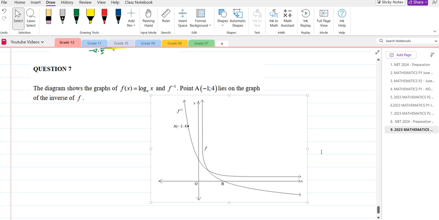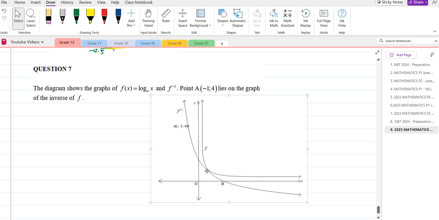The diagram shows the graphs of f, which is log x base a. F is a log graph, right? And the inverse, f inverse, which passes through point A, minus 1 and 4. F inverse is here. So the inverse of log is the exponential graph, right? So f inverse is the exponential graph. F is a log graph.